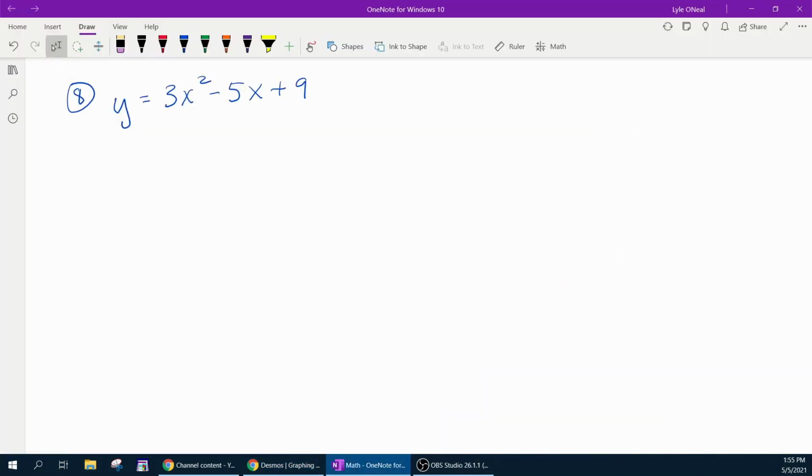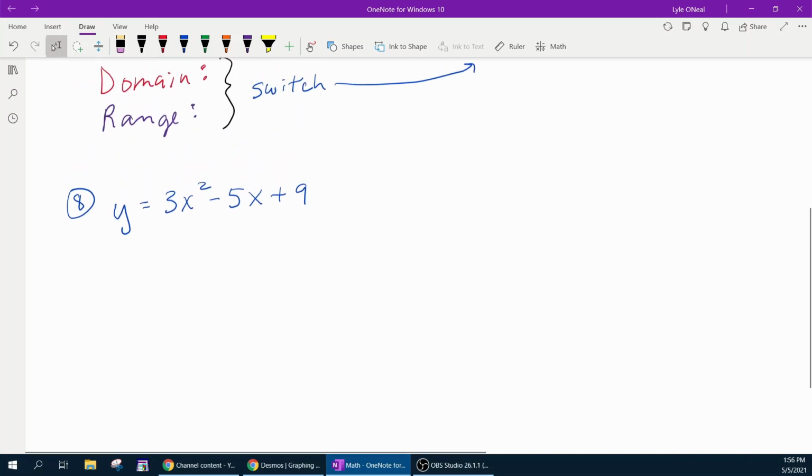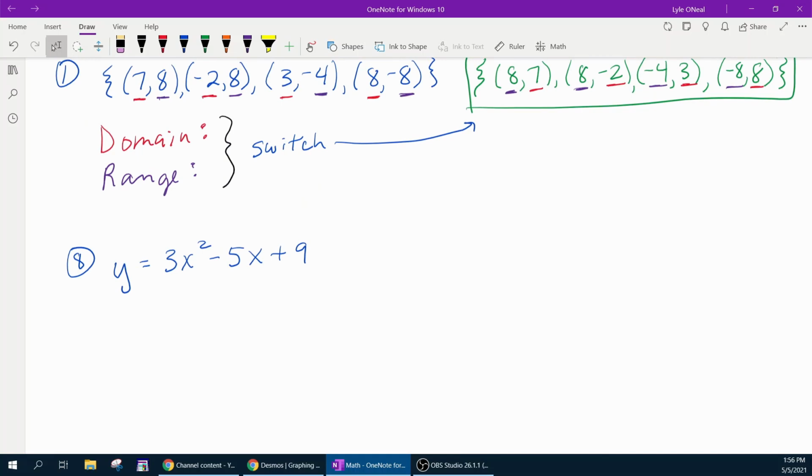Next example, number 8. Here we have an equation. It happens to be a quadratic equation. And the instructions say, find the inverse of this equation. If you think back to the previous example, remember that in order to find the inverse of a relation, you simply switch the x's and y's.